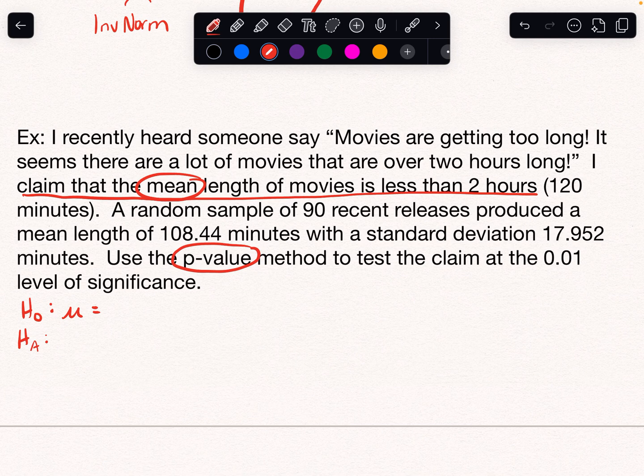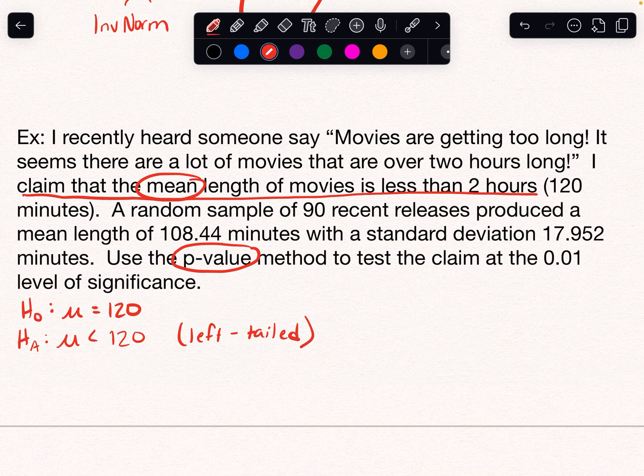Instead of using 2 hours, we're going to be using 120 minutes, because my sample information is in terms of minutes. So make sure all your units are the same. Our alternative hypothesis is with our inequality statement. So the mean is less than 120. And because it's less than, that is our left-tailed distribution.